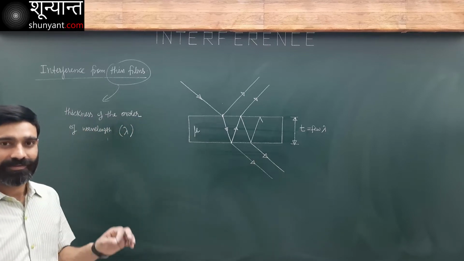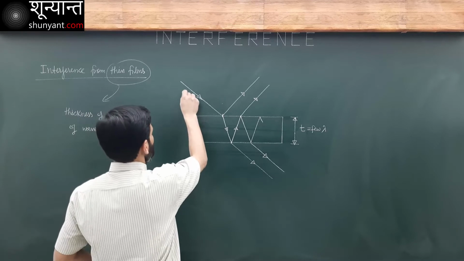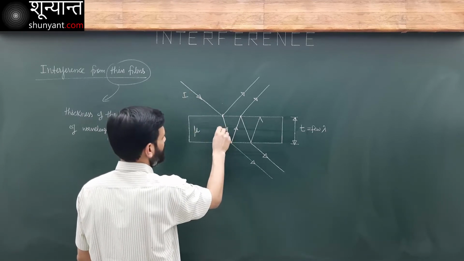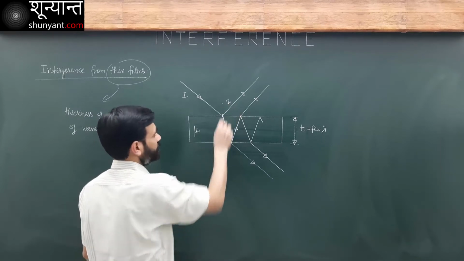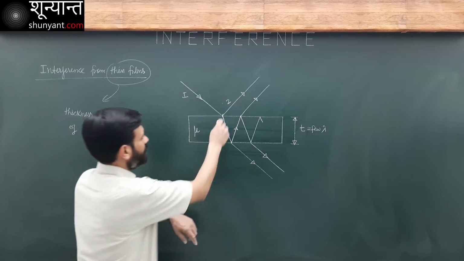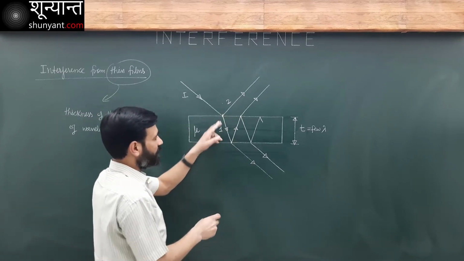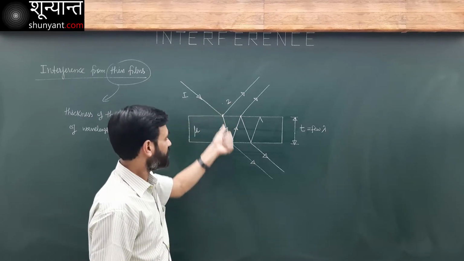Understand this? Now, this is the incident light. Let's say this is the first part, and this is the second part. At this point, the light ray is divided into two parts. One part is reflected, the other part is transmitted.